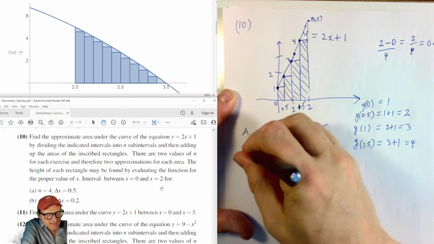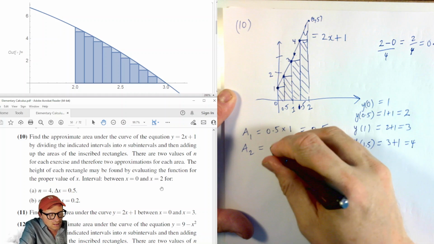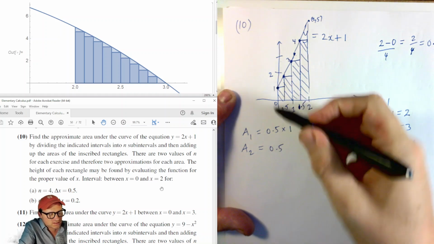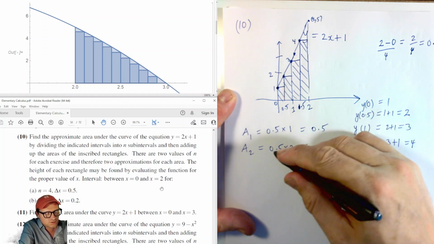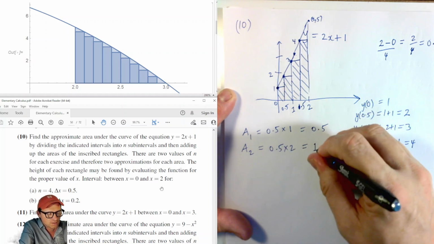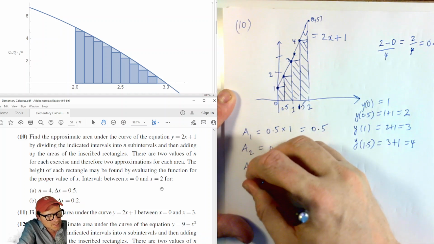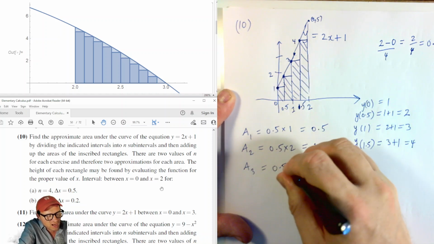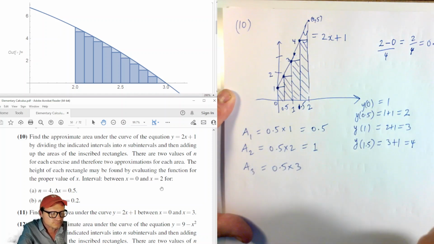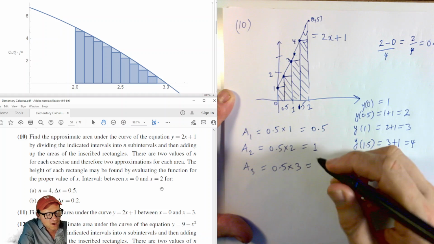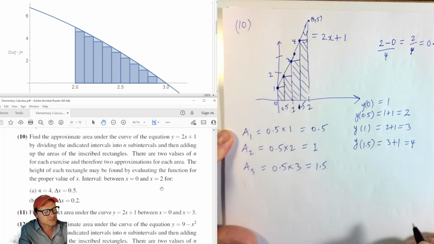All right, now the second area segment is equal to 0.5. That's the width, and then the height is 2. And so this is equal to 1/2 of 2, which is 1. All right, for the third rectangle, the area is equal to 0.5 multiplied by the height, which is 3. And so half of 3 is 1.5, or 3 over 2.